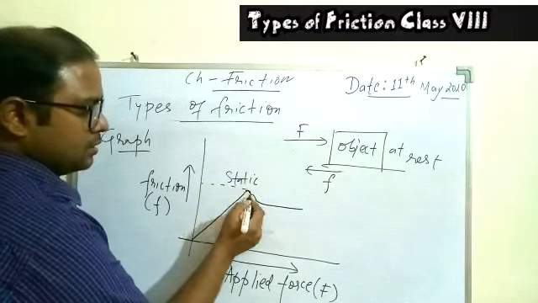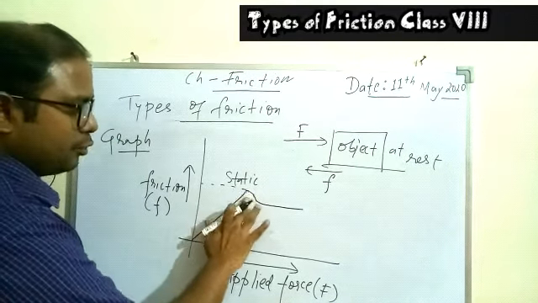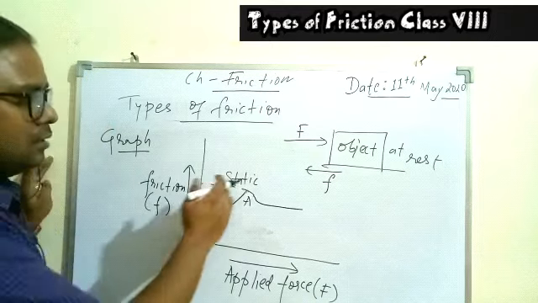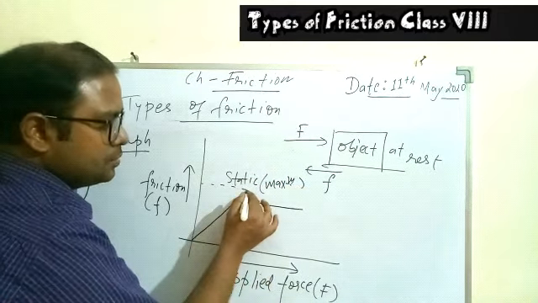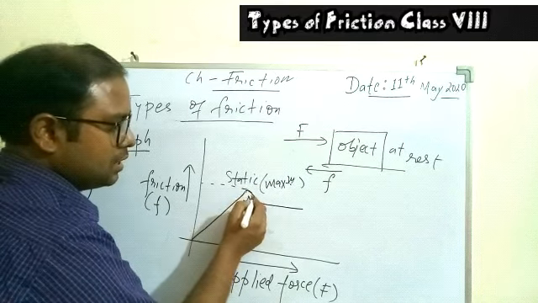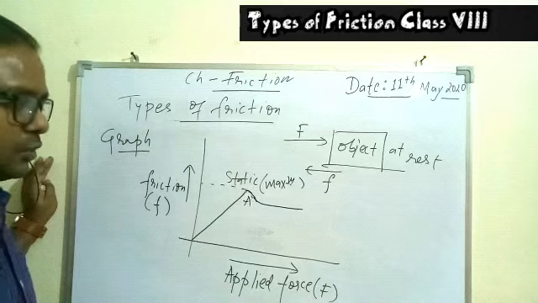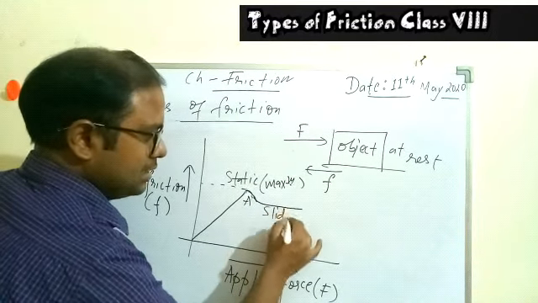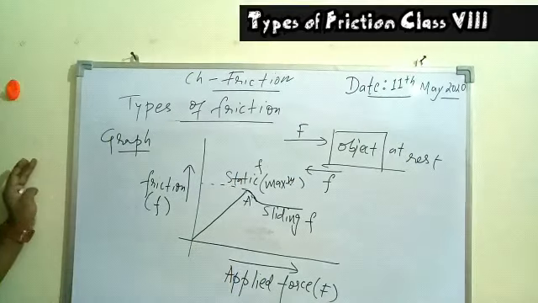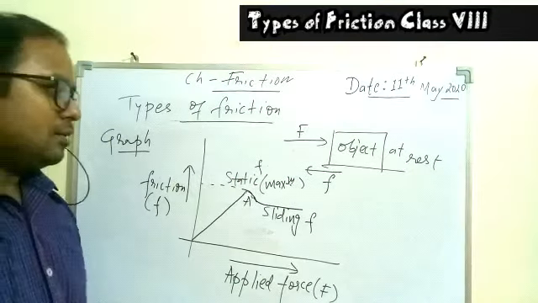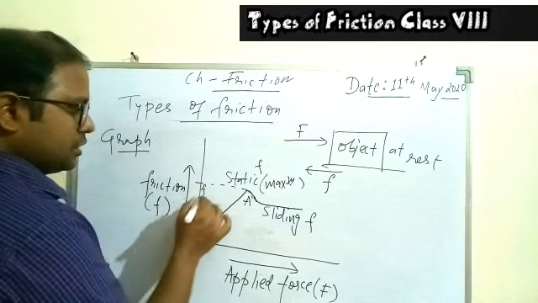We can say at point A, the static friction becomes maximum, after which the object starts moving, and we know once the object starts moving, the friction will decrease. Why? Because now it will have sliding friction. So this is showing you sliding friction. This is static friction. That is how the graph looks. So at this point A, we have the maximum value of static friction.